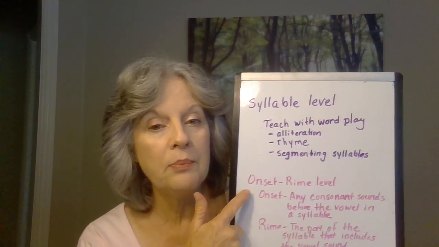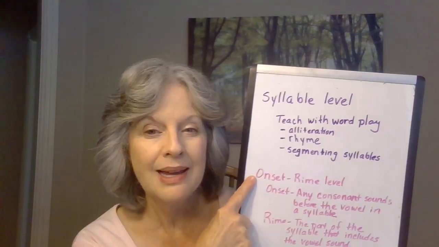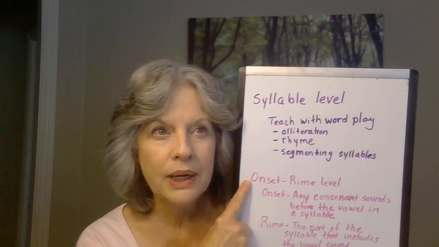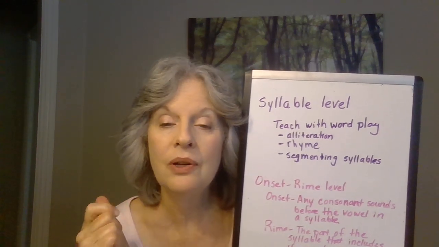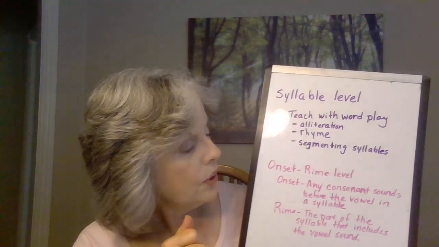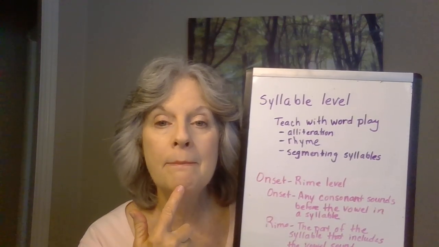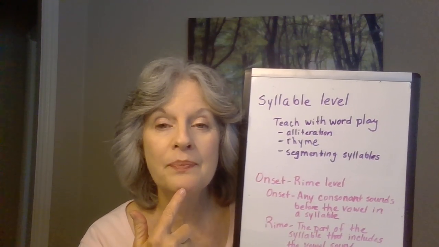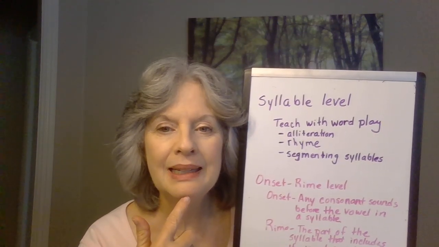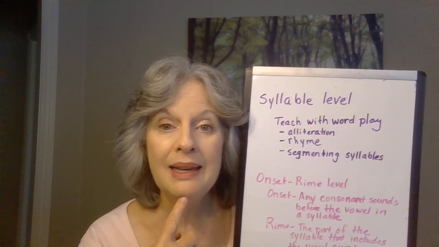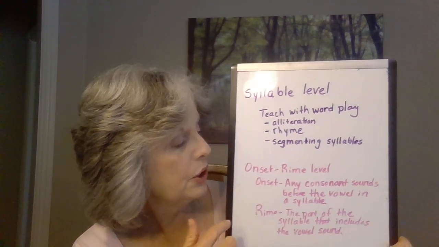Okay, and so that brings us to the next stage of reading, and that is onset and rime, where kids can hear the beginning sound and then the second sound of the syllable. For example, the onset of big is b. Sorry, my dryer just went off. Ig. Okay, so the letter B is the onset in that word.